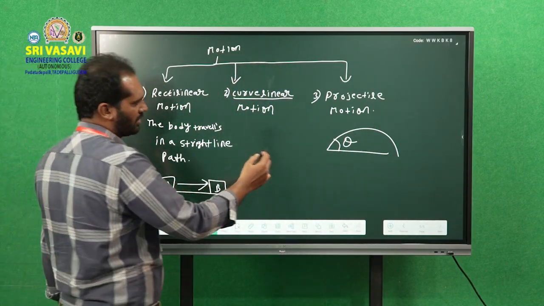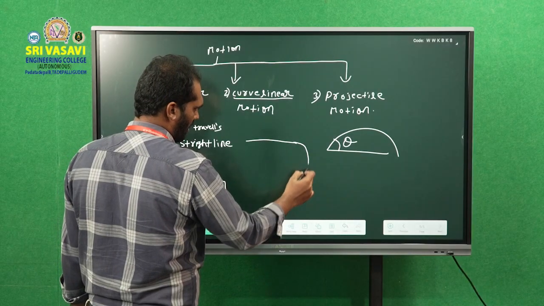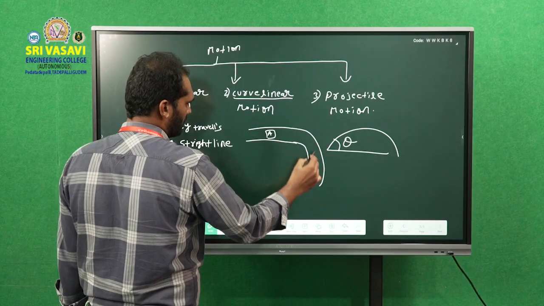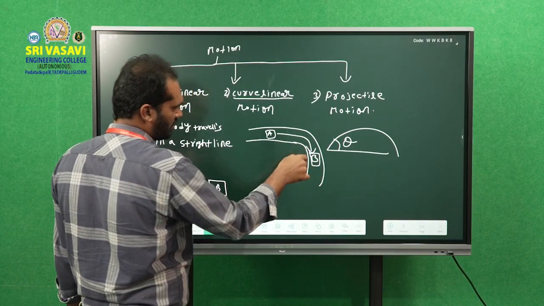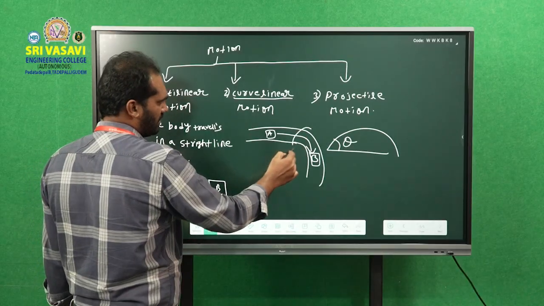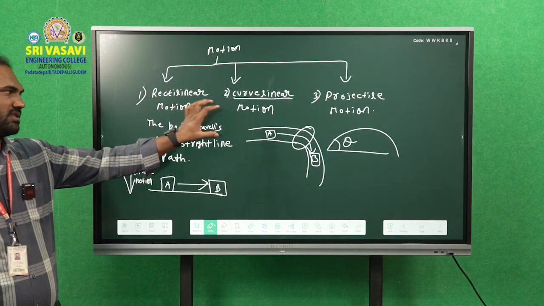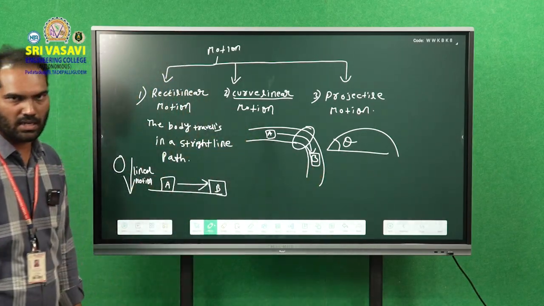In this curvilinear motion, the car is turning. From point A to point B, the car has to turn. At the turning, it is curvilinear motion. That is the motion which is circular.